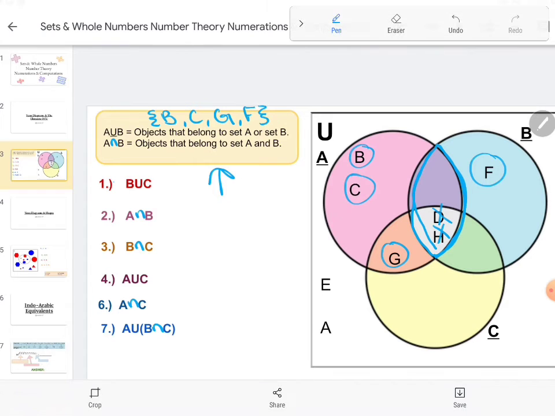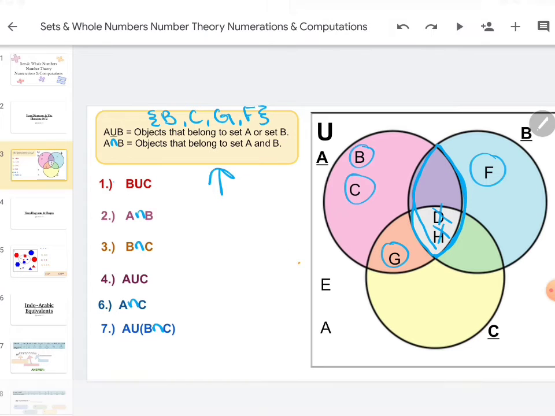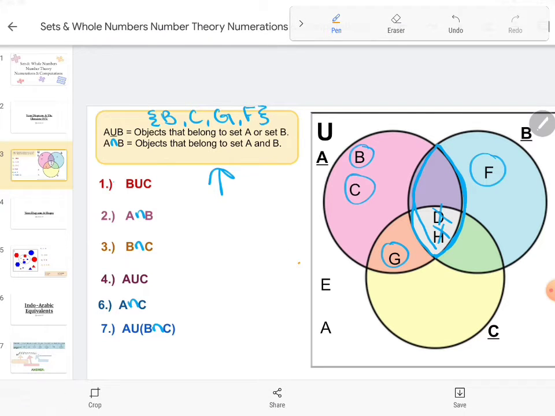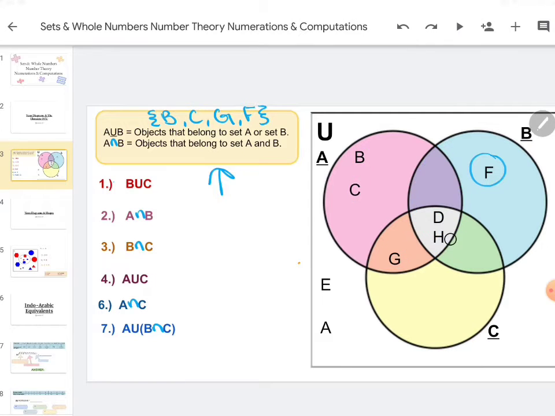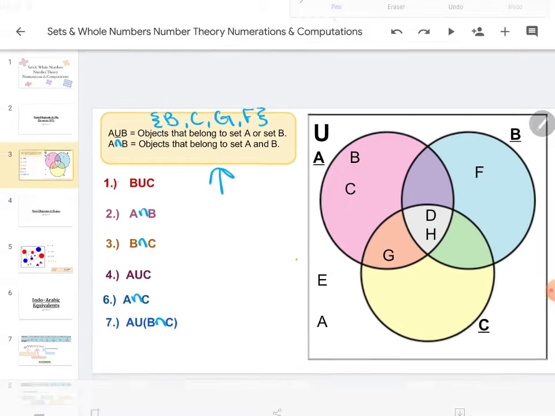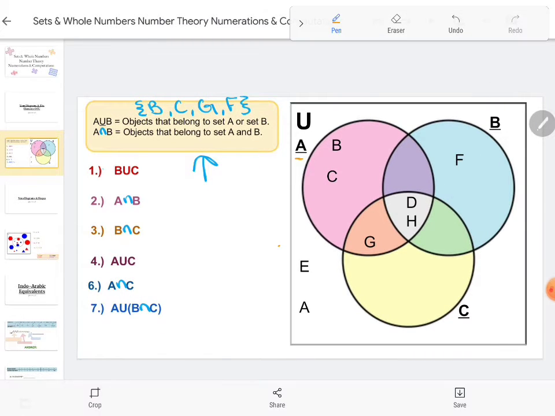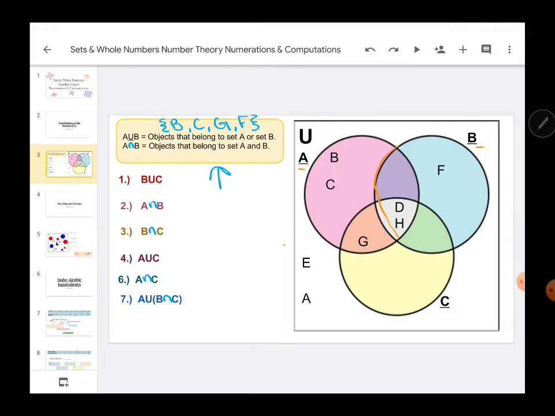Now, if we look at our second part of the notes, we have A intersection B, the inverse of our U. This represents objects that belong to set A and B. It's that shared section between 2 corresponding circles. So for our example, I'll erase my little notes and take a look at our Venn diagram. We have circle A and circle B, and we want to find the overlapping section where our letters are shared.